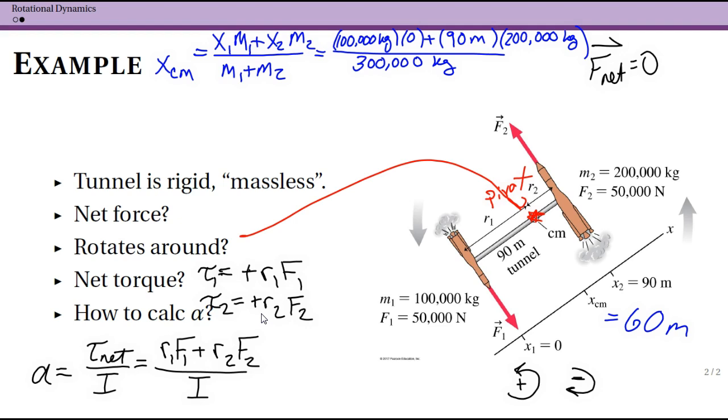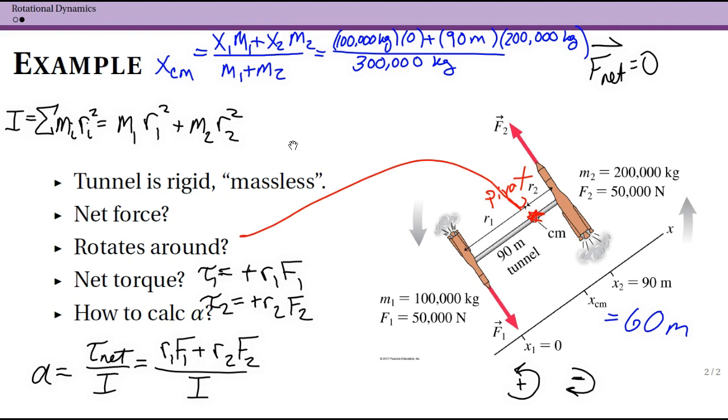And in this case, again, it's a discrete system, so we can calculate I fairly simply. It's the mass of rocket 1 multiplied by the distance that rocket is from the center of mass squared plus the mass of rocket 2 times the distance that is from the center of mass squared. So how you would find then your angular acceleration is dividing your total torque by the moment of inertia.